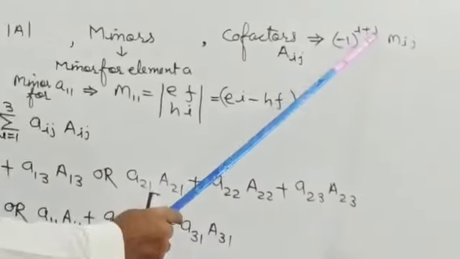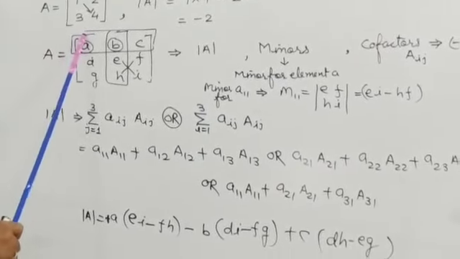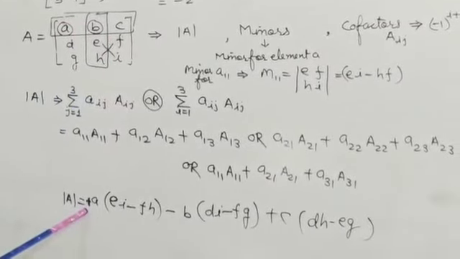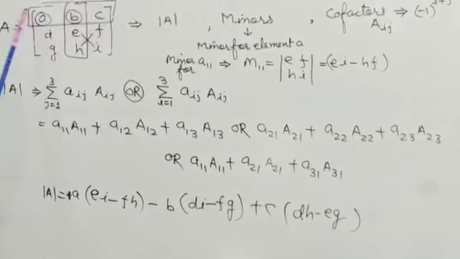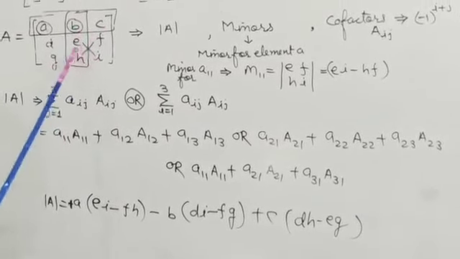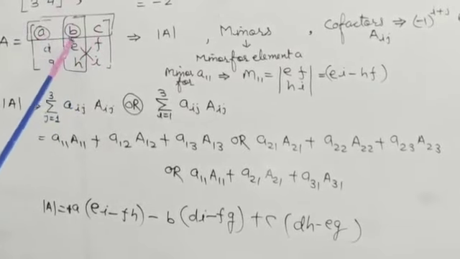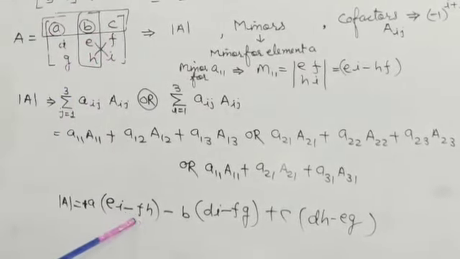Why are we taking 1 plus 1? Because this place is first row and first column. So a plus sign will be there. Then after deleting this column and this row, we are getting these 4 members. This 2 by 2 determinant we can solve by cross multiplying: EI minus FH.